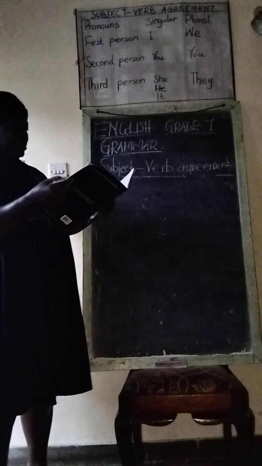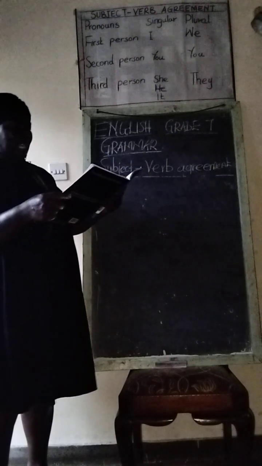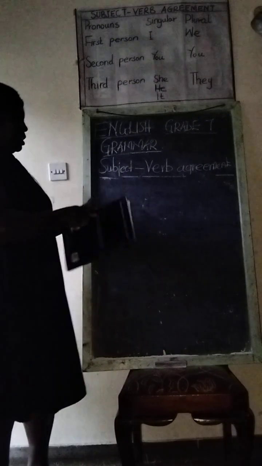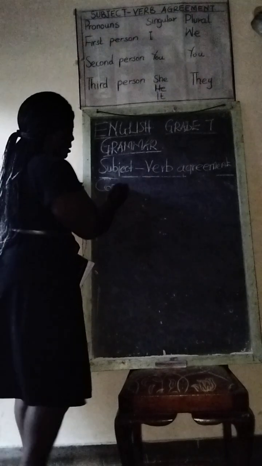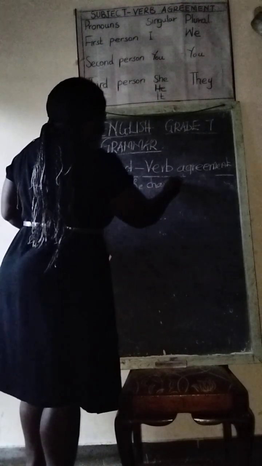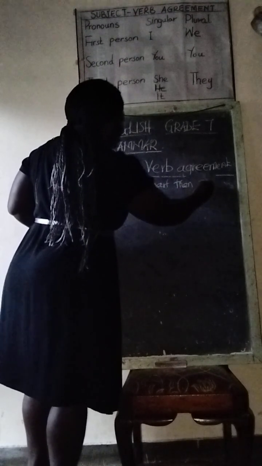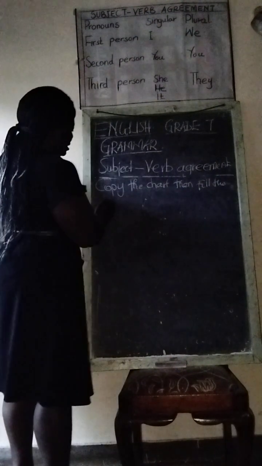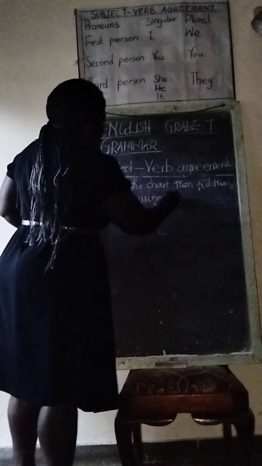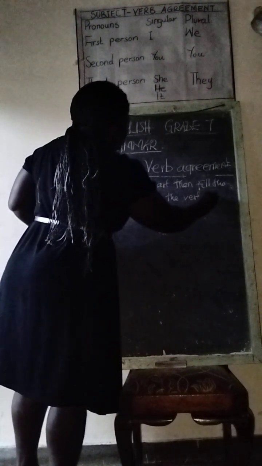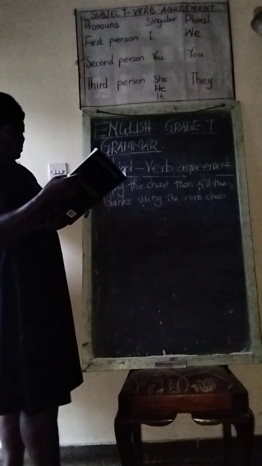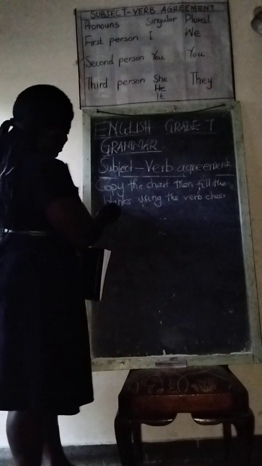Now the next question. Copy the chart and fill in the blank spaces using the correct form of the verb cheer. Copy the chart, then fill the blanks using the verb cheer correctly.